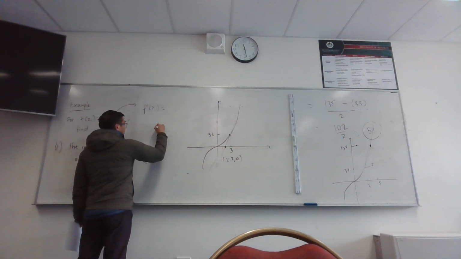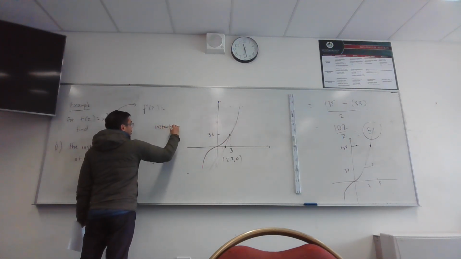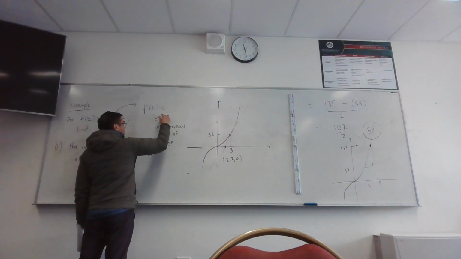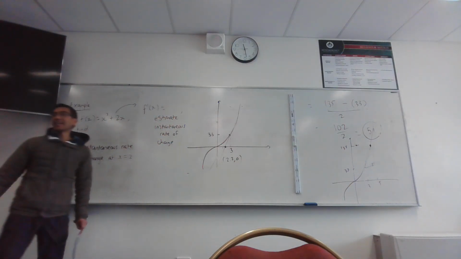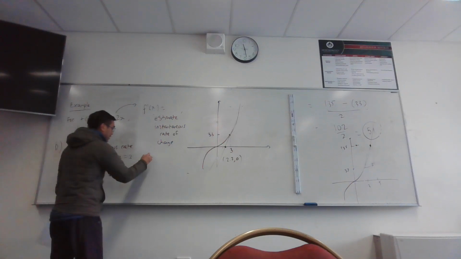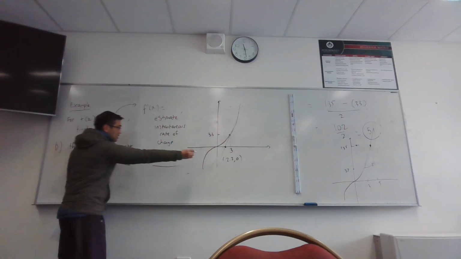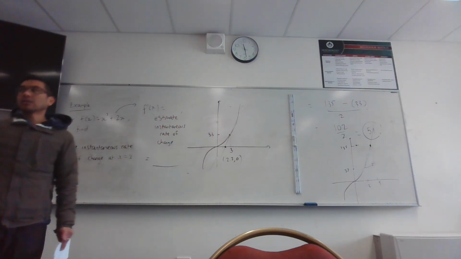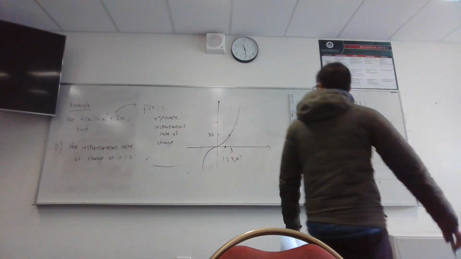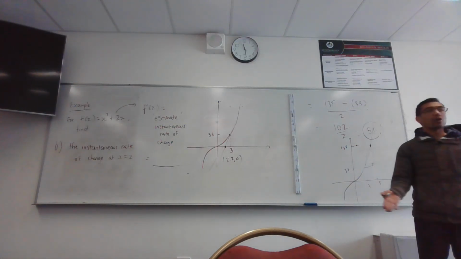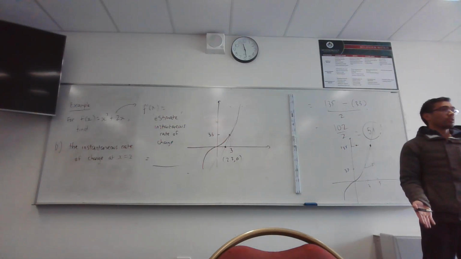So our instantaneous rate of change, let's just say the estimate instantaneous rate of change. We're going to do change in y and then a change in x as well.